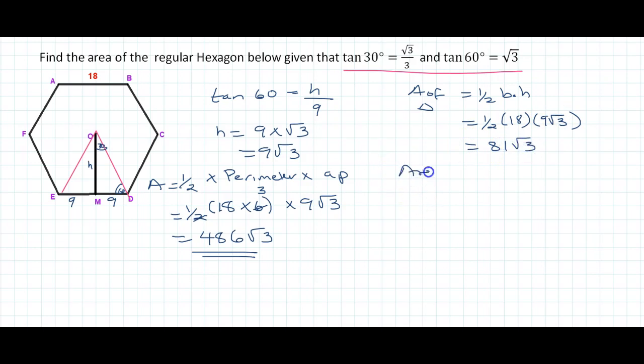And then the area of the polygon is going to be the area of the triangle, which is 81 square root of 3, multiplied by the number of sides of the polygon, which is 6, which is going to give you 486 square root of 3. So you can see that either of these methods will get you to your correct answer.